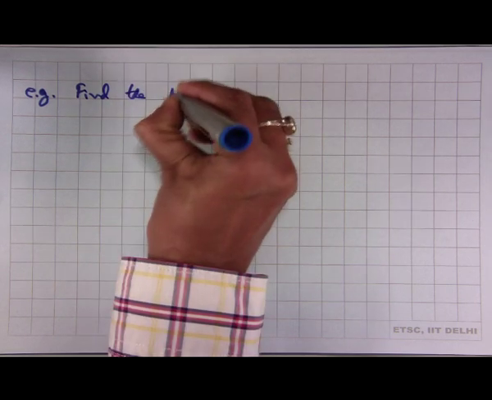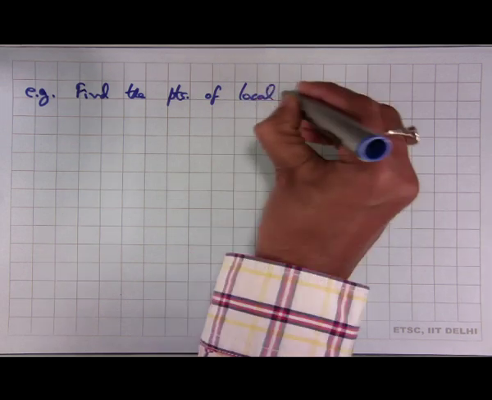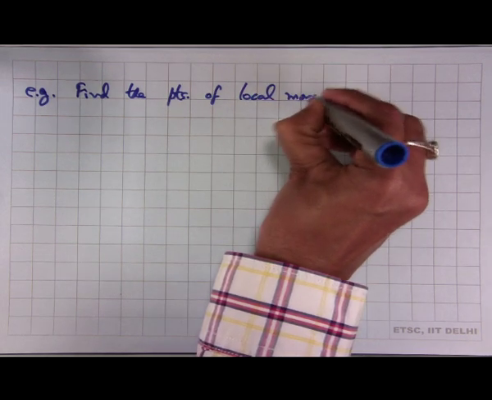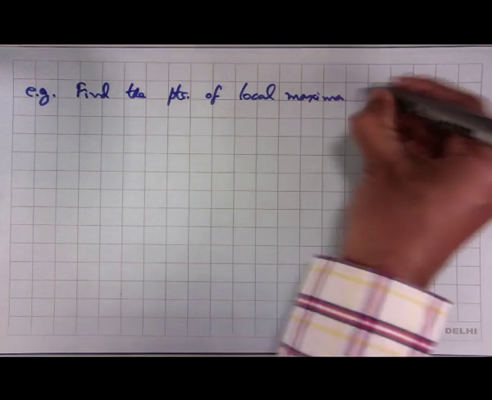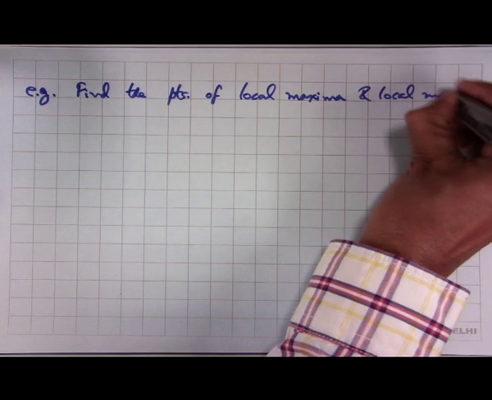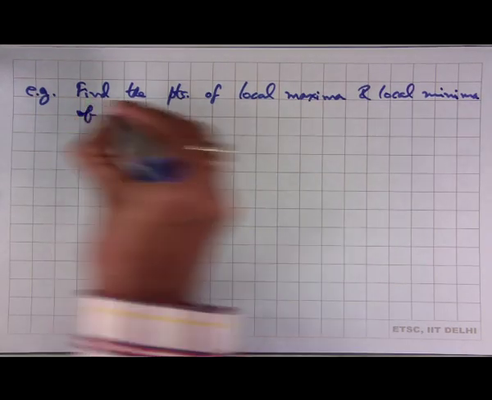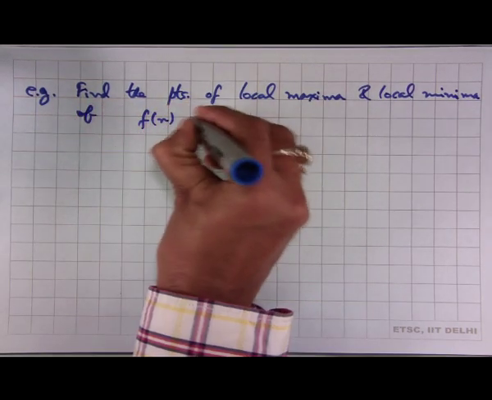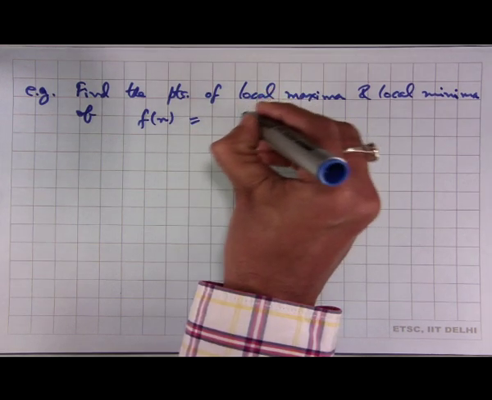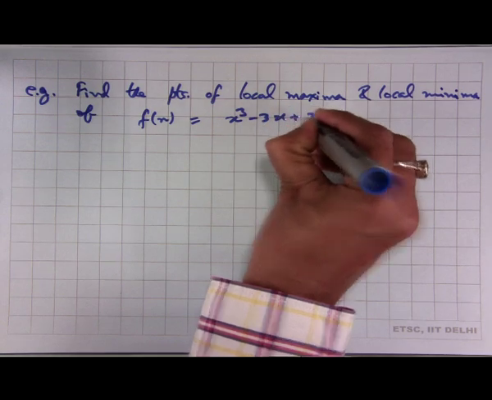So, let us look at one example. Find the points of local maxima and local minima of f x, which is given by x cube minus 3x plus 3.